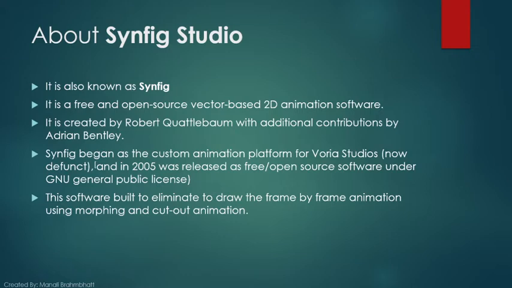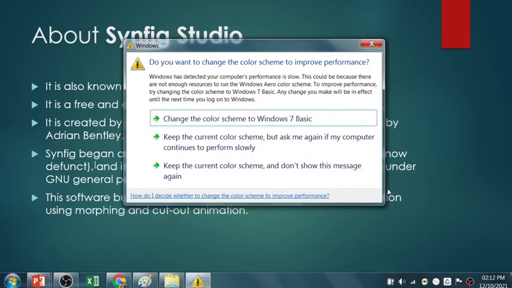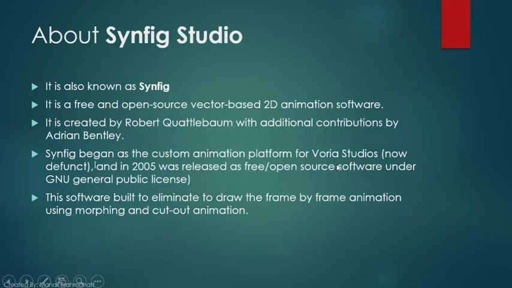The GNU stands for the General Public License. This software was built to eliminate drawing frame by frame animation, and the techniques which Synfig Studio uses are morphing and cutout animation.